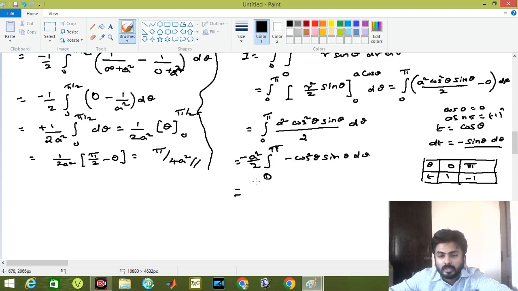So now you can transform everything. Minus a square by 2 integral 1 to minus 1, then minus sin theta d theta means dt, and cos square theta is t square.